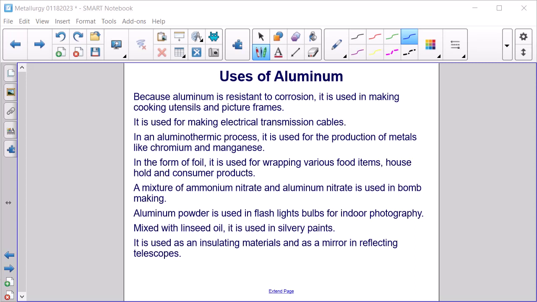A mixture of ammonium nitrate and aluminum nitrate is used in bomb making. Aluminum powder is used in flashlight bulbs for indoor photography. Mixed with linseed oil, it is used in silvery paints. It is used as an insulating material and as a mirror in reflecting telescopes.